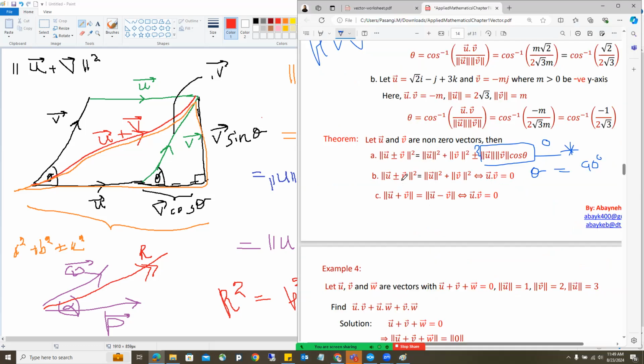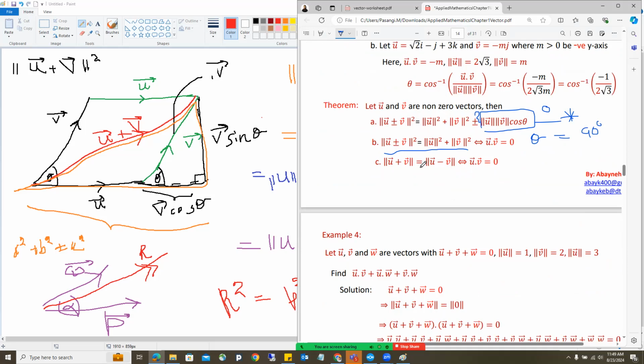If these two are perpendicular vectors, then the angle is 90 degrees, so cos theta becomes 0, which means we can simplify u plus or minus v squared into u squared plus v squared. Is it clear? Yes. Okay, then the same thing happens here.